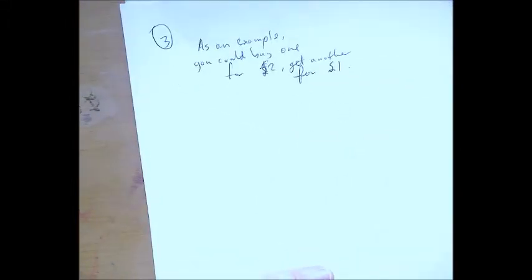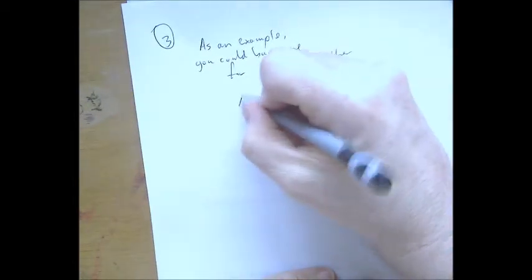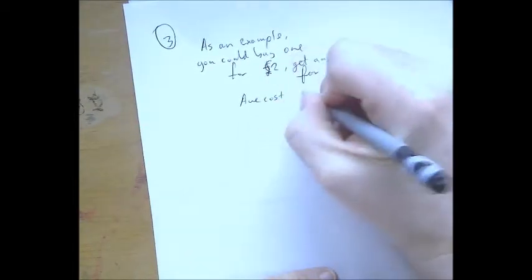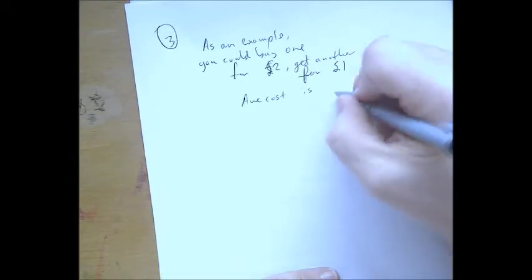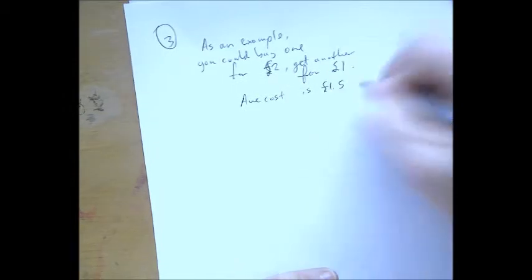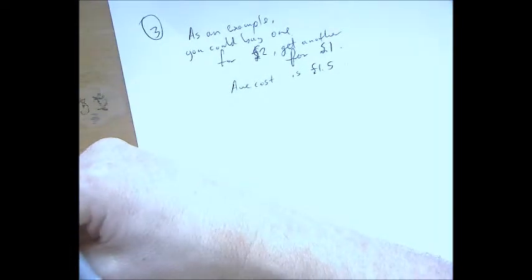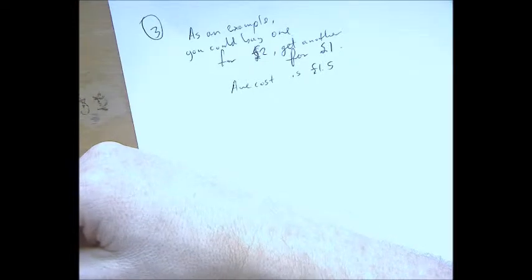Okay, now, in this case, average cost, well, the total cost is £3, there's 2 items, so it's 1.5. And now you just go through the options. 2 for the price of 1.